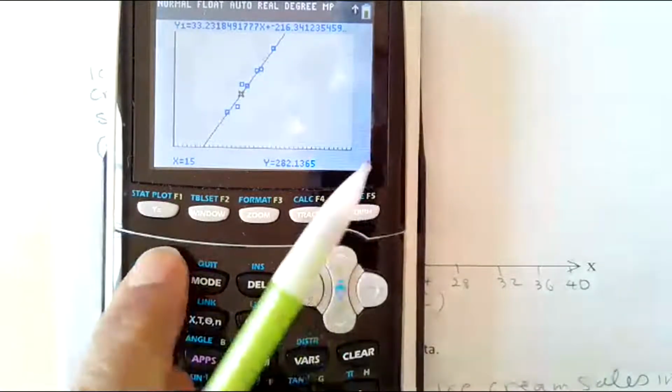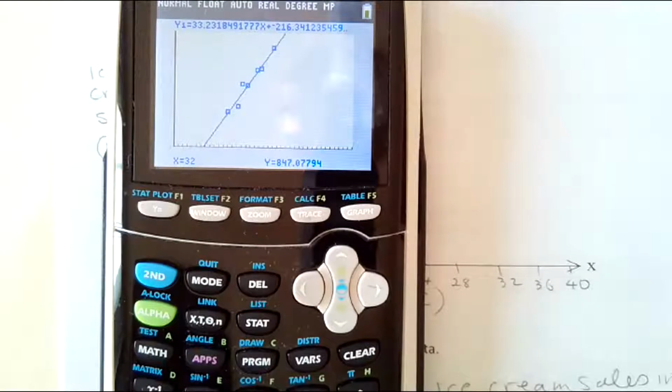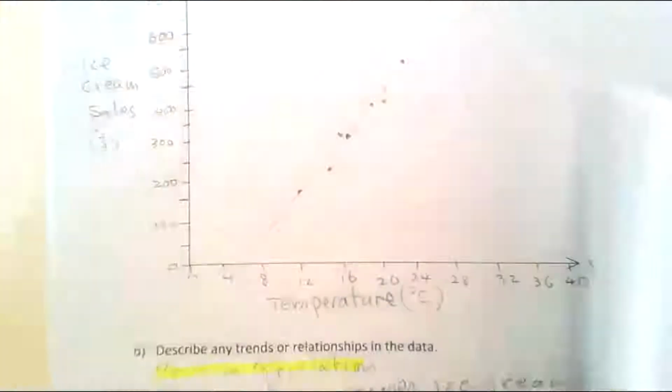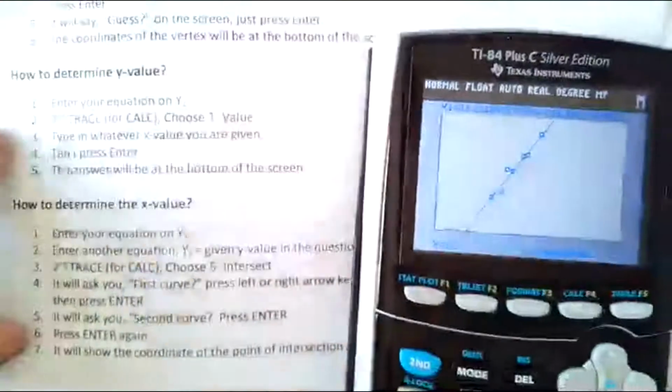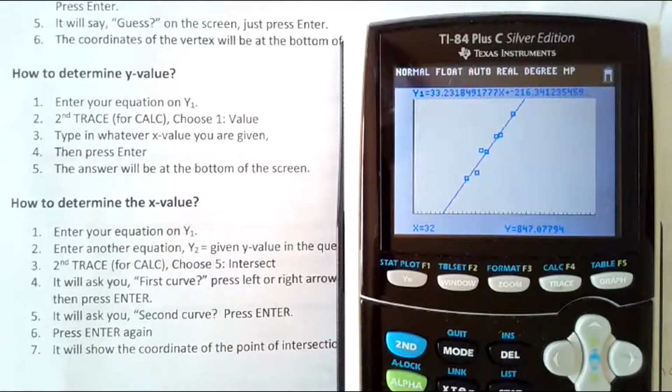Second trace, enter, 32, would be $847. So that is finding the Y value when the X is given. Look at the instruction on finding the Y value on this page here. Let's use the graphing calculator.